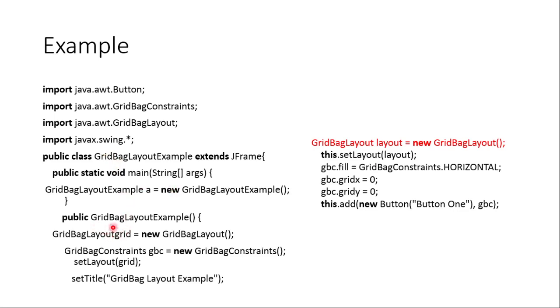This is a constructor, and I'll create an object for this grid bag layout and set this layout. I'm going to fill this one horizontally, and I have specified the size of this button 1, like x and y equal to 0 for this grid bag. That is GBC, which comes from grid bag constraint.